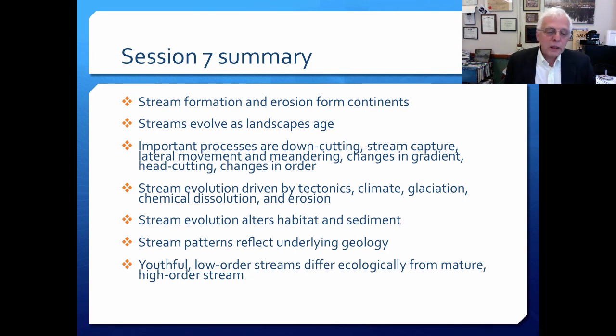And finally, it's important to distinguish between youthful low-order streams and older age streams because they differ ecologically from the mature higher order streams. So the two various stages of the geomorphic cycle give rise to different kinds of flow regimes, different kinds of patterns, and very great differences in ecology.